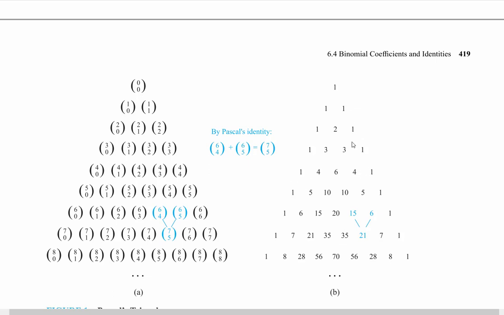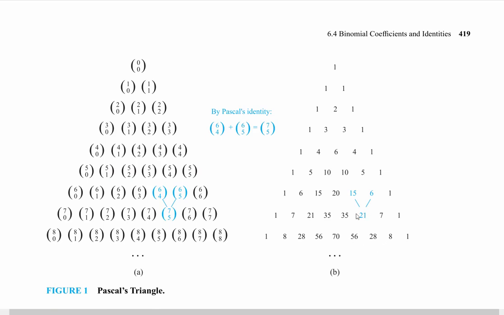Here's more of the triangle. We stopped here. So here are the next rows. Again, every number is the sum of the two above it, to the left and to the right.